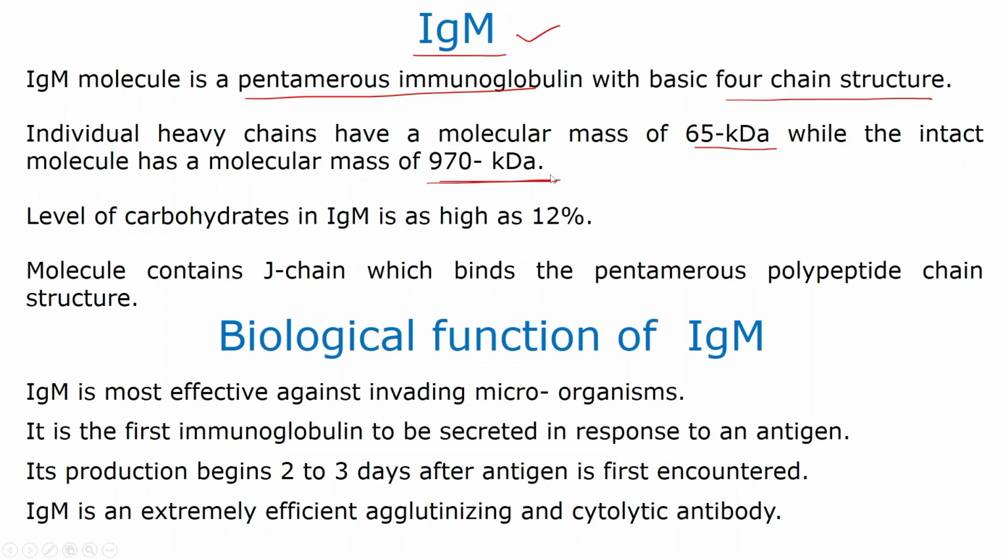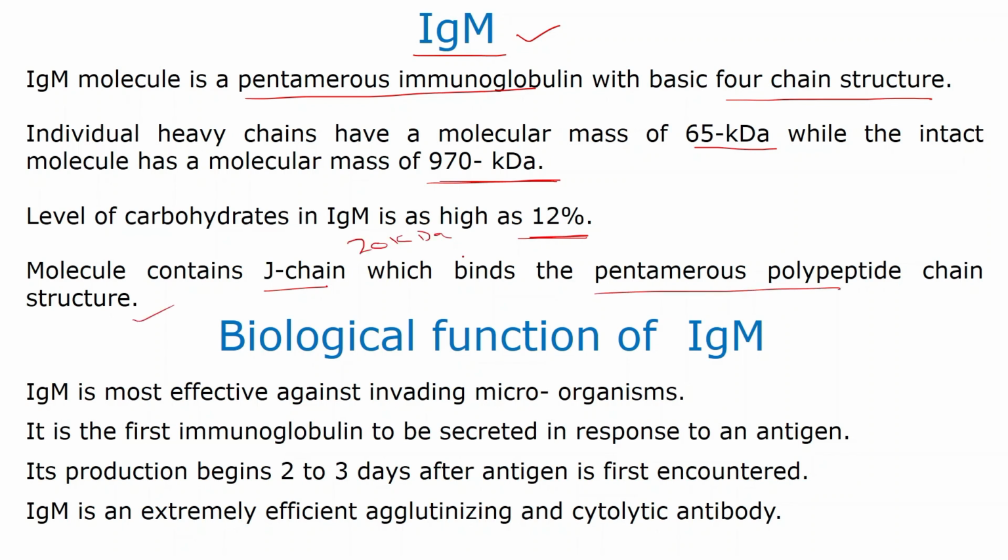The level of carbohydrates in IgM is as high as 12%, obviously because it is pentameric, so it has the maximum concentration of carbohydrates. The molecule also contains the J chain, which binds the pentameric polypeptide chain structure. The J chain has a molecular weight of 20 kilodalton.